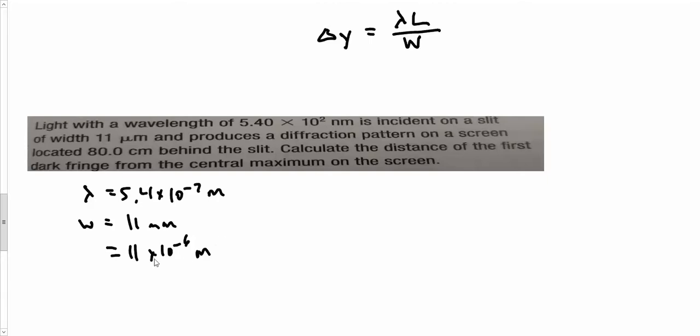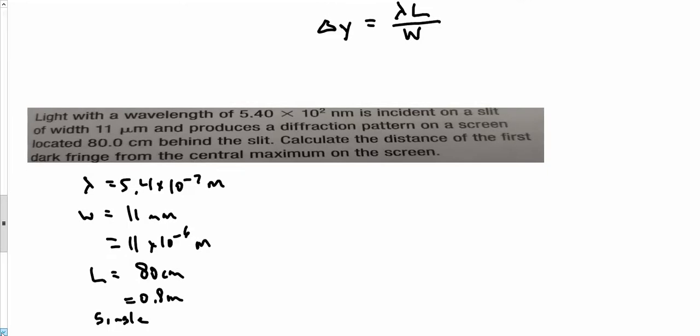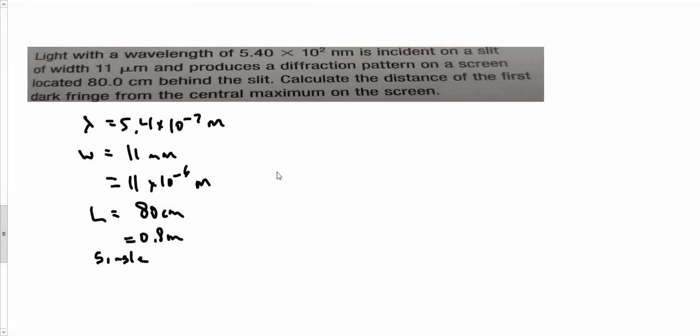L is 80 centimeters, which is 0.8 meters. It's single, which is something that I like to put in there. Calculate the distance of the first dark fringe from the central maximum on the screen.